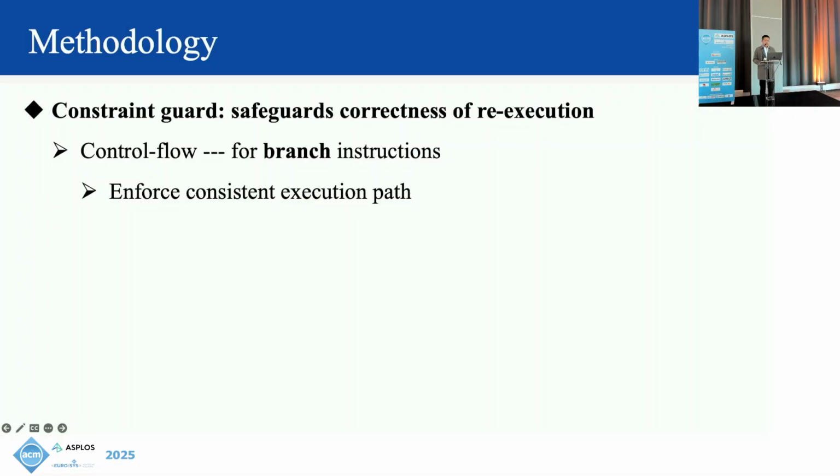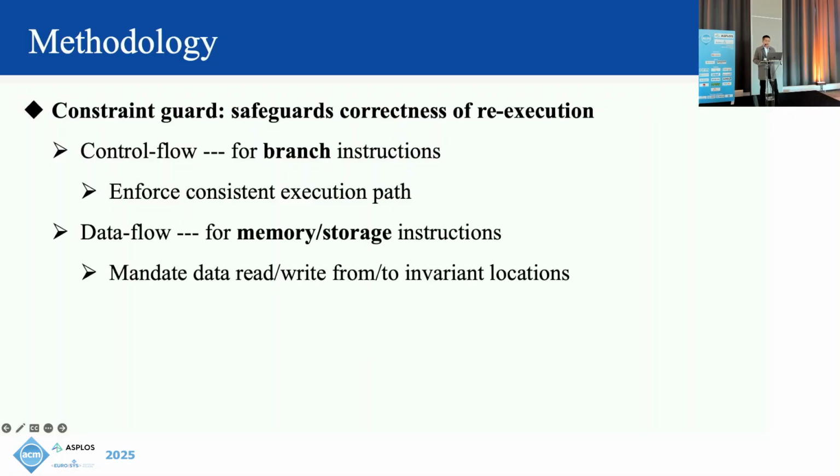First, for branch-related instructions, we record the expected execution path, and during re-execution, we ensure that the path does not diverge from the original. For memory or storage operations, we enforce that the re-execution reads and writes the same locations as before. This is important to prevent unknown reads and writes.